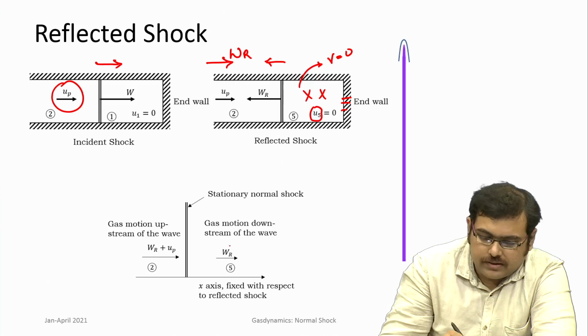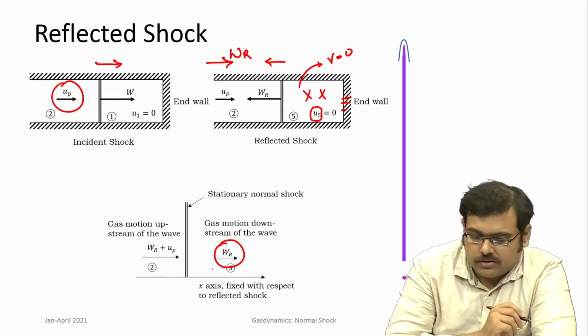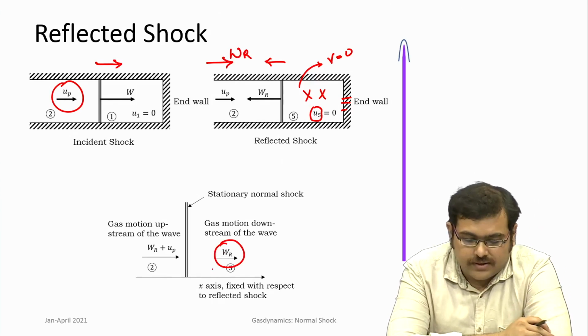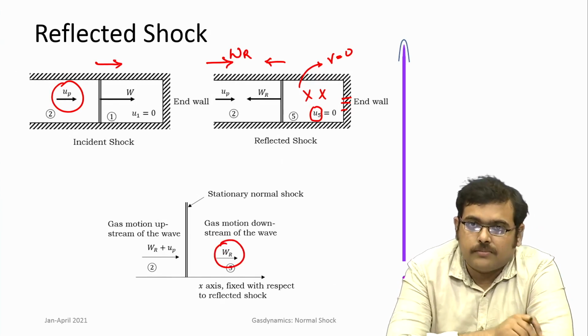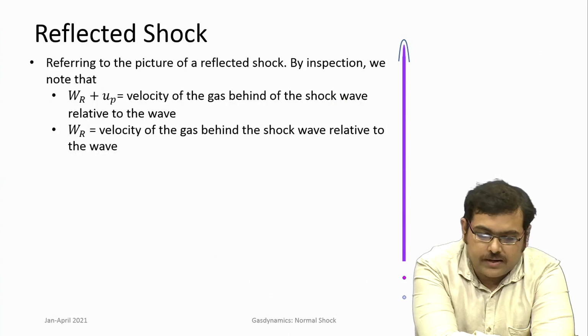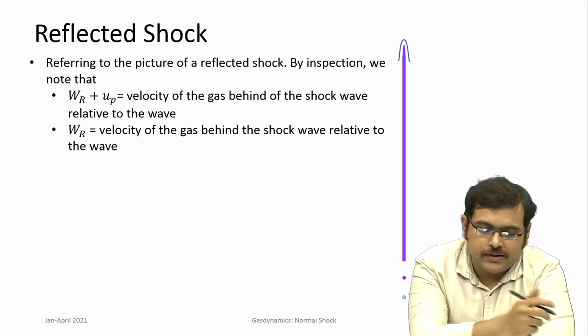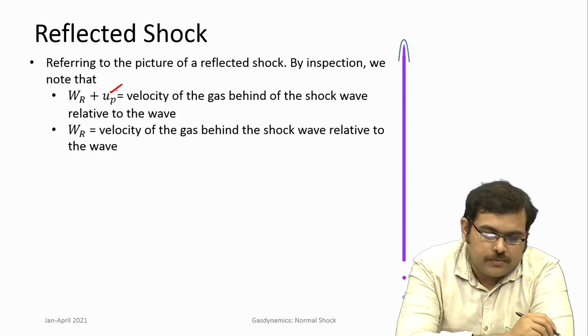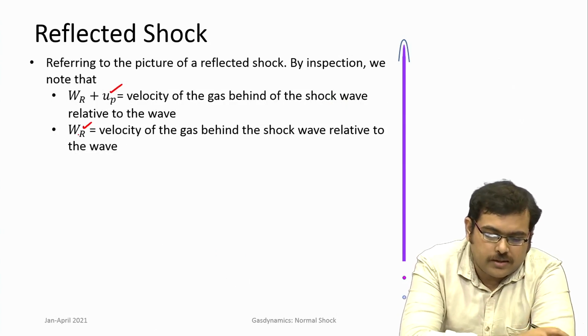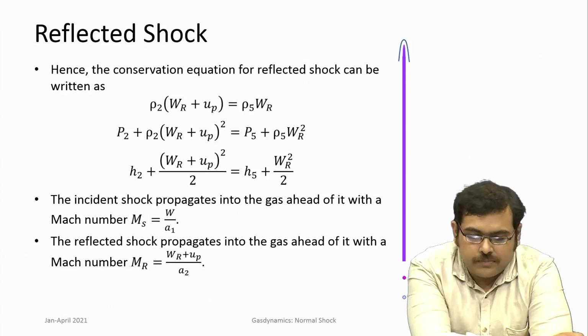So, behind the gas the velocity is Wr. So, this is the problem that has to be analyzed, and so relative to the reflected shock, upstream velocity is Wr plus Up and downstream it is Wr.